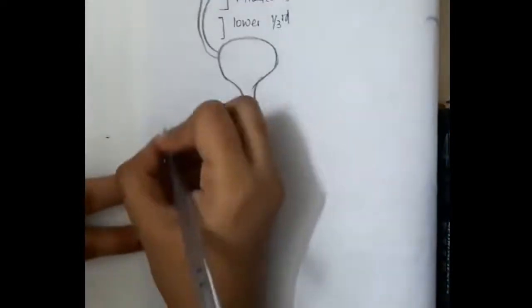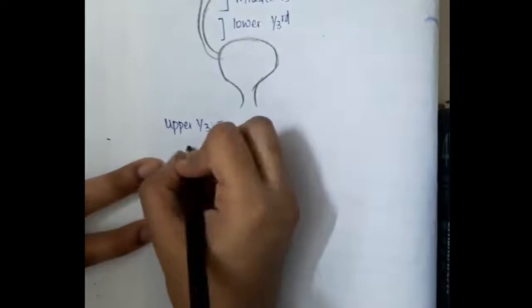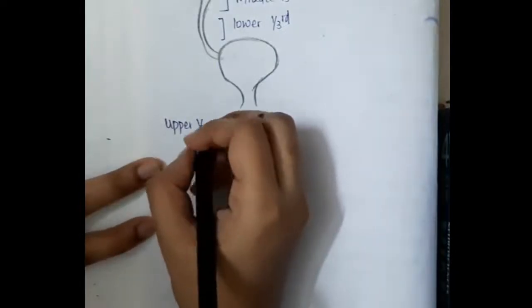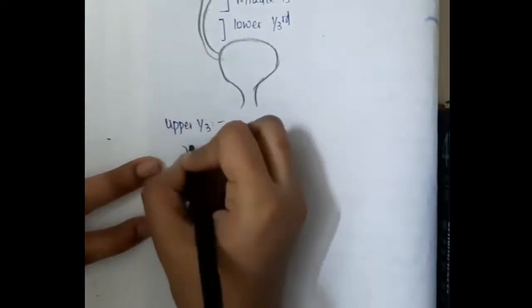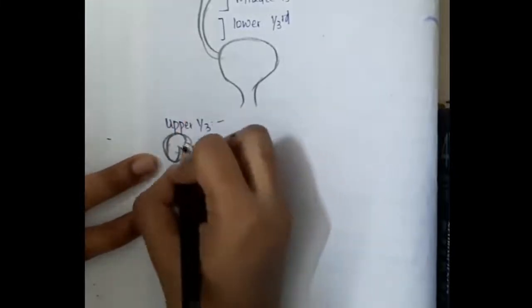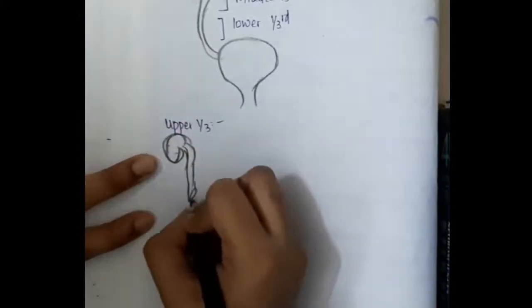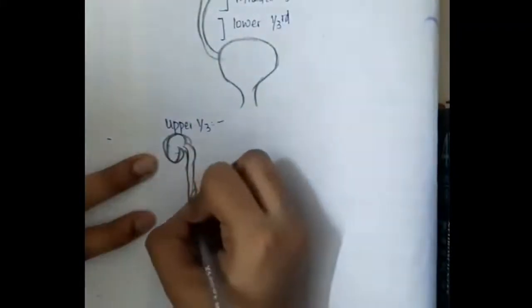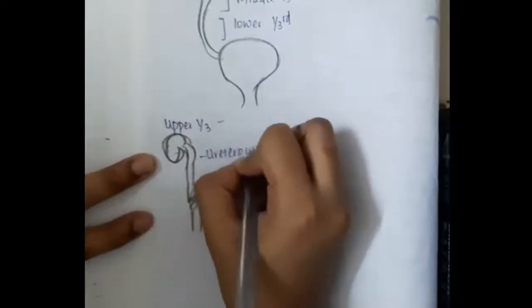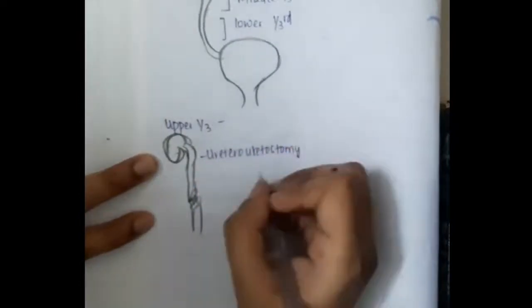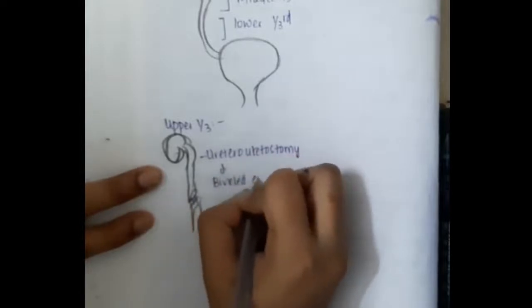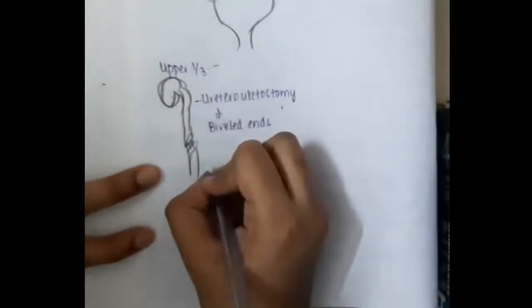So if the injury is present in the upper 1/3, then the best treatment of choice, so this is the kidney and here the injury is present in the upper 1/3. In such cases, the treatment of choice is doing ureterostomy with beveled ends.